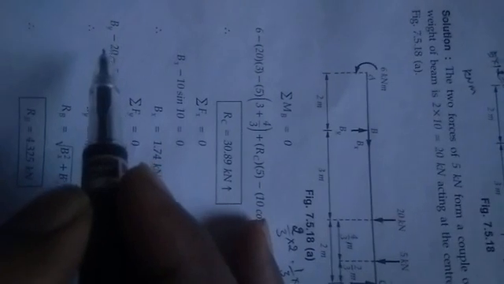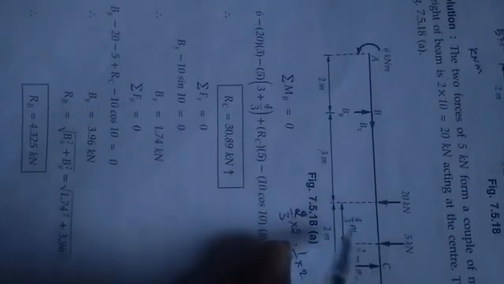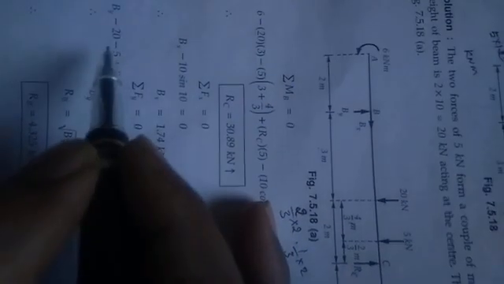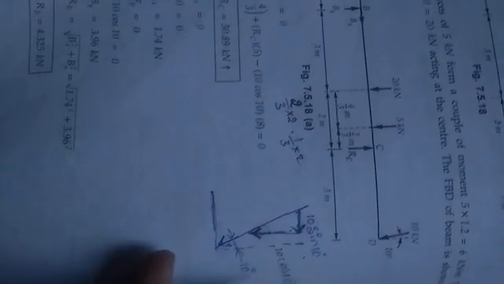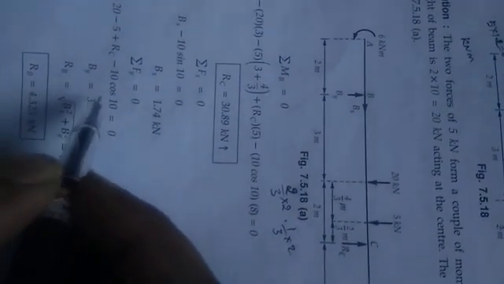The 20 kilonewton and 5 kilonewton are moving downward, so it is minus 20 minus 5. Next RC is moving upward, so it's plus. Another force moving downwards is 10 cos 10, so that is minus 10 cos 10.